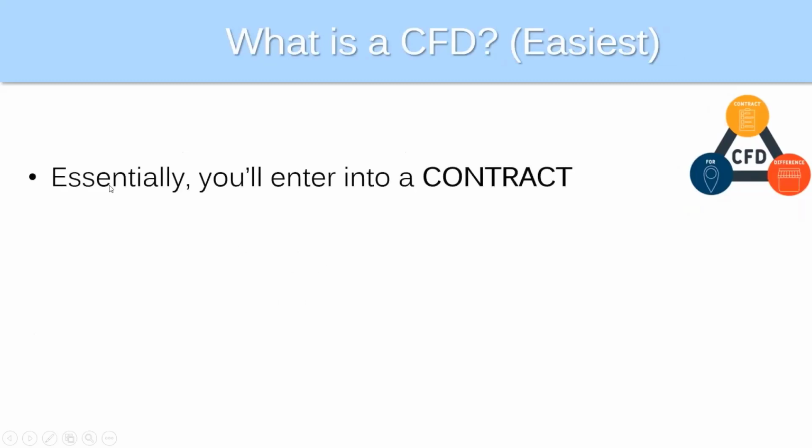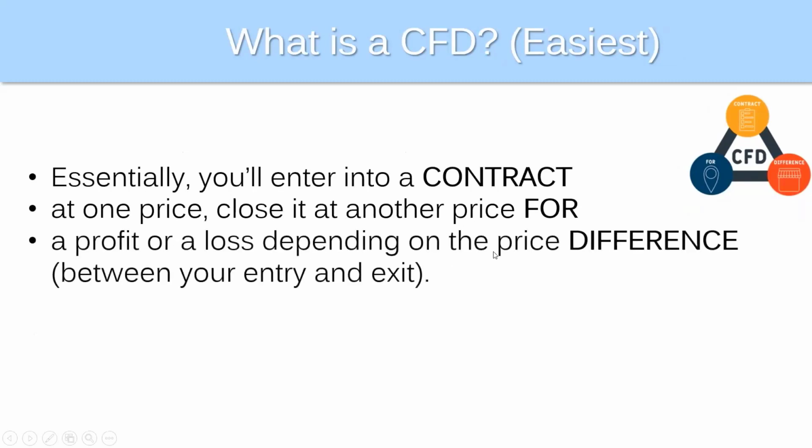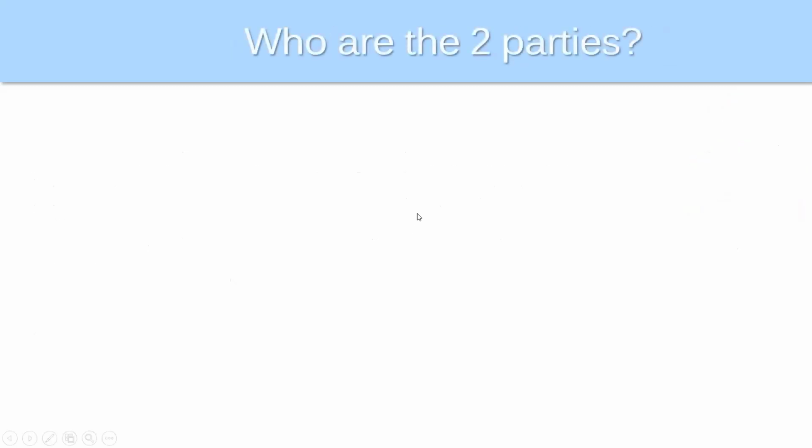Even easier than that, essentially, you'll enter into a contract at one price, close it at another price for profit or loss, depending on the price difference between your entry and exit. Contract for difference.